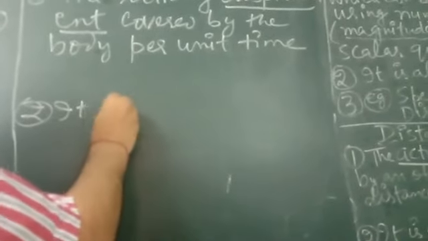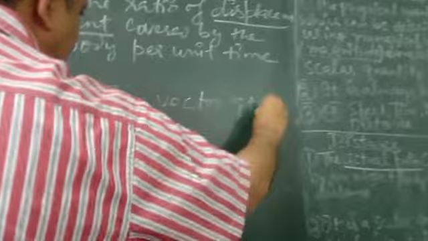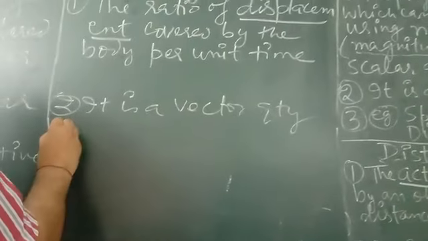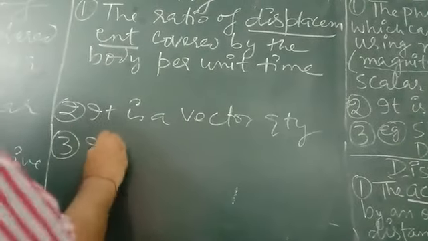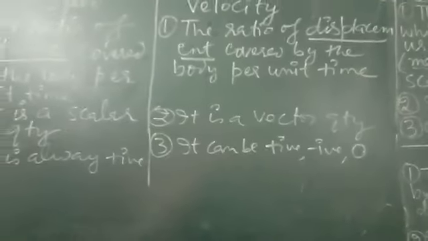Velocity is a vector quantity. It can be positive, negative, or zero. Okay?